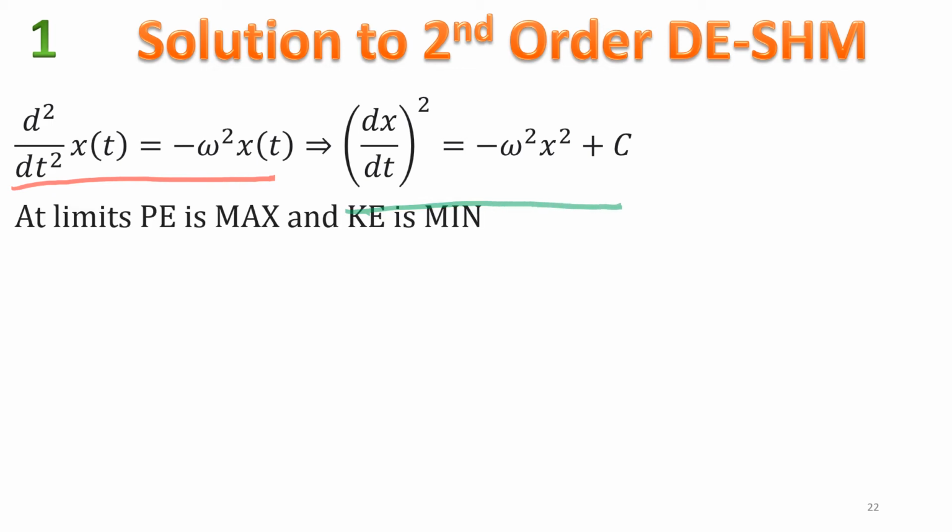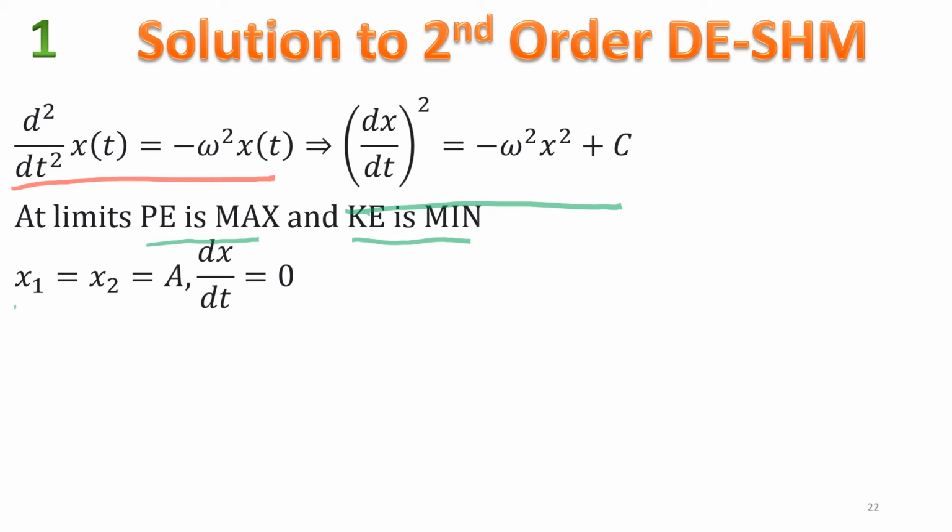Now as the potential energy is maximum at the extreme limit and kinetic energy is minimum at the extreme limits, we can handle this equation in this pretext from the physical situation.